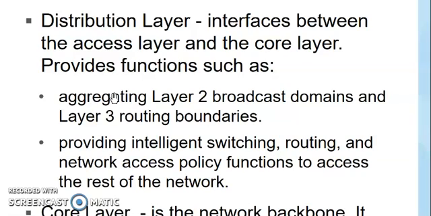It is responsible for aggregating or grouping layer 2 broadcast domains. It also aggregates the layer 3 routing boundaries. It provides intelligent routing and switching functions, also network access policies to access the rest of the network.